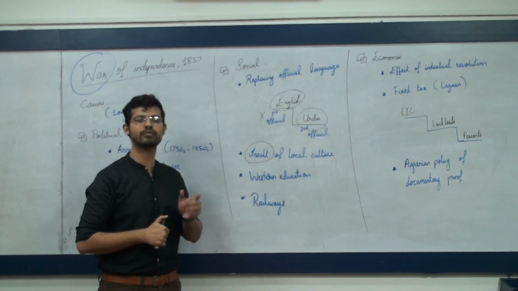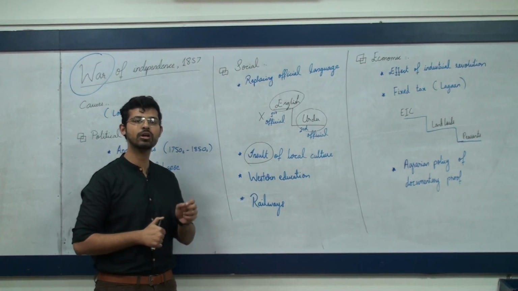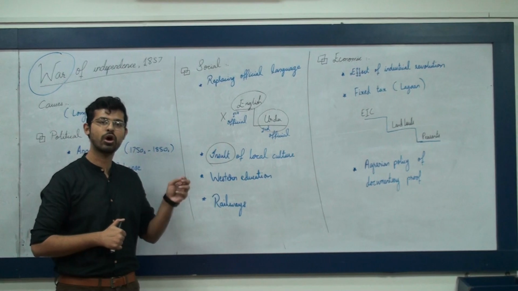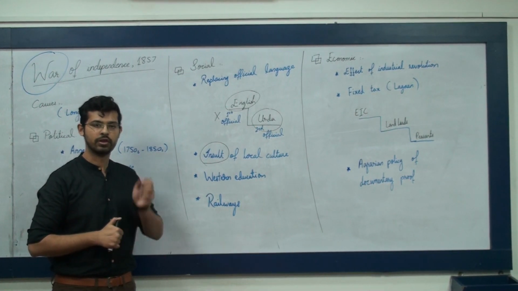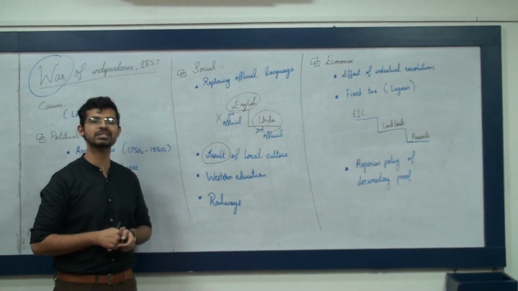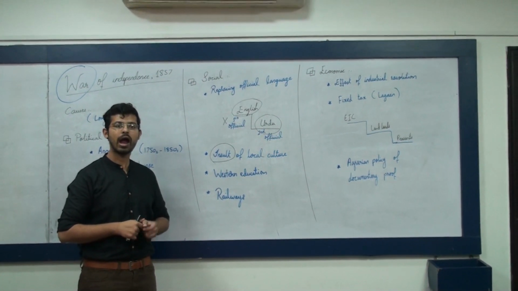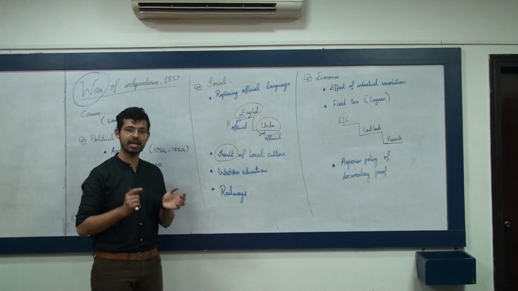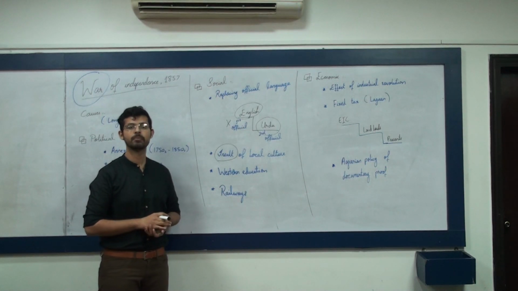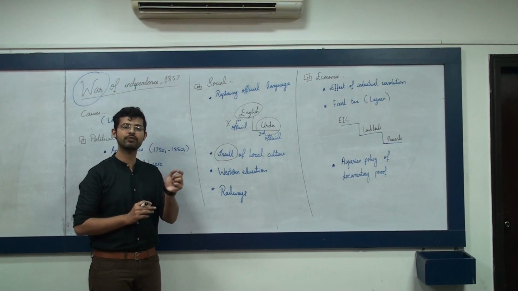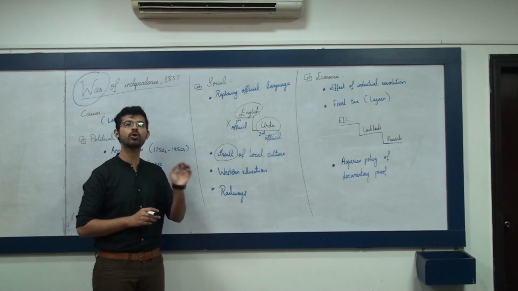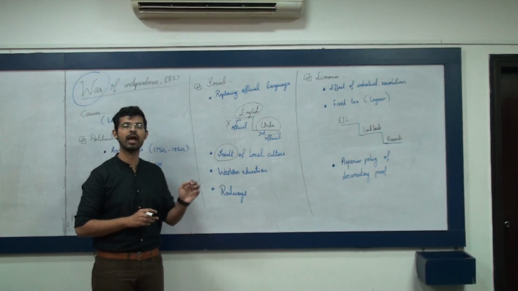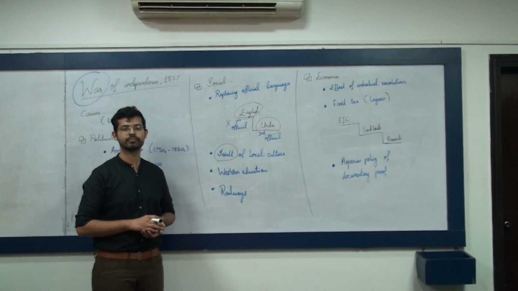Even the officials of the British East India Company did not shy away from talking against the culture of the Indians. There was a person known as Thomas Macaulay, and Thomas Macaulay is reported to have said that one good shelf of the Britain's library is way better than all of the literature of Arab and India combined.